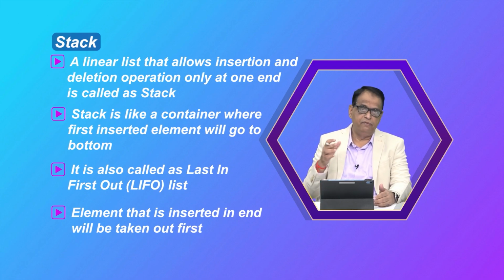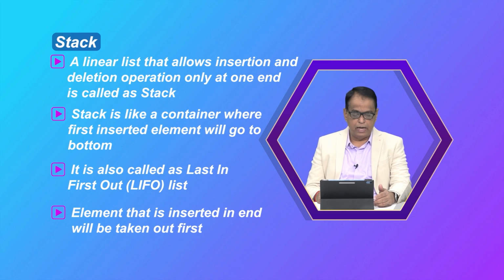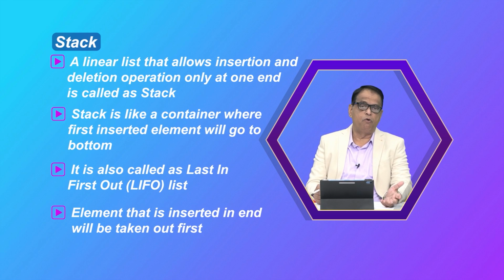Whatever is the last inserted element will be out first because it is on the top of the stack, and therefore it has to be deleted first; only then can you delete the next element. The element inserted last is taken out first, and that is why we call it a LIFO list.